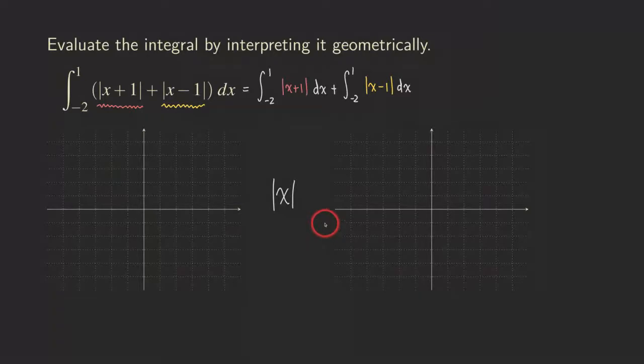If we have the absolute value of x plus 1, that's a transformation. We are going to move the graph of absolute value x 1 unit to the left. Instead of having the vertex at the origin, we move it 1 unit, so the whole V-shaped graph points at this spot right here.